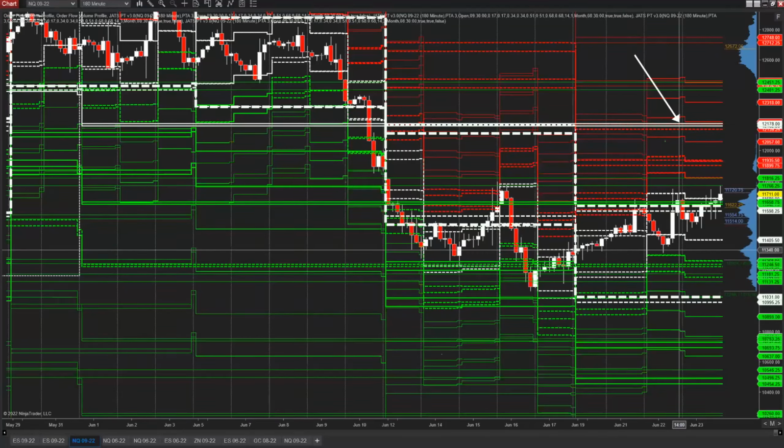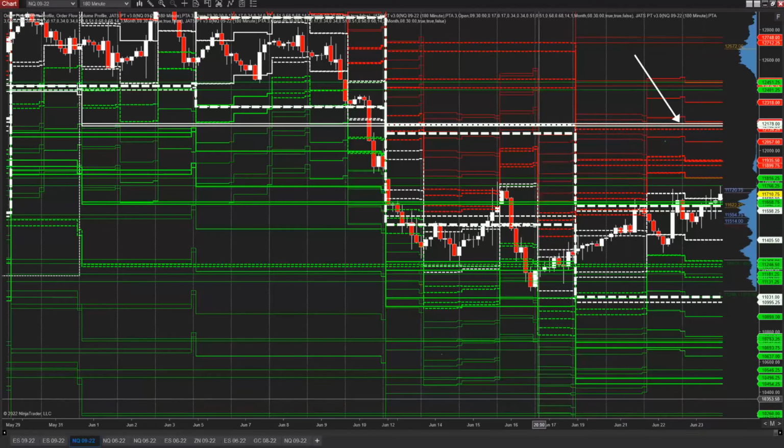And check your DOM to see if there's any orders sitting up there for volume. But my guess is that you will start finding that volume start stacking up there if it's not already.